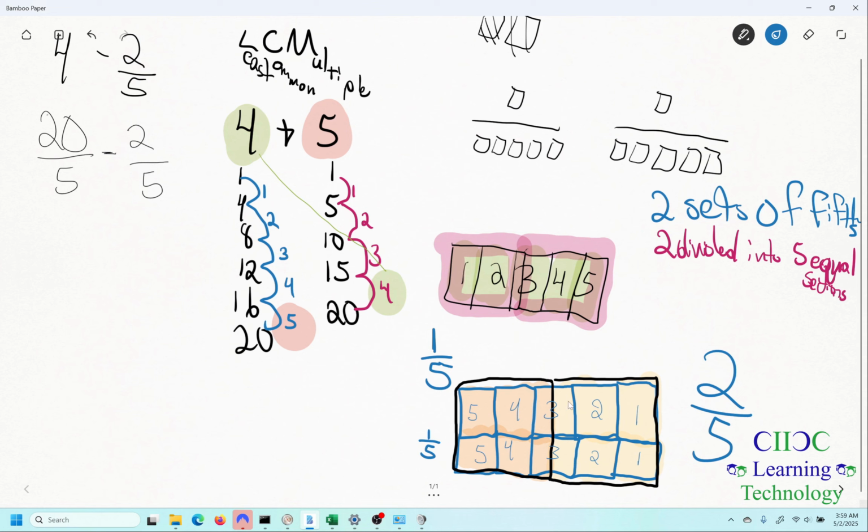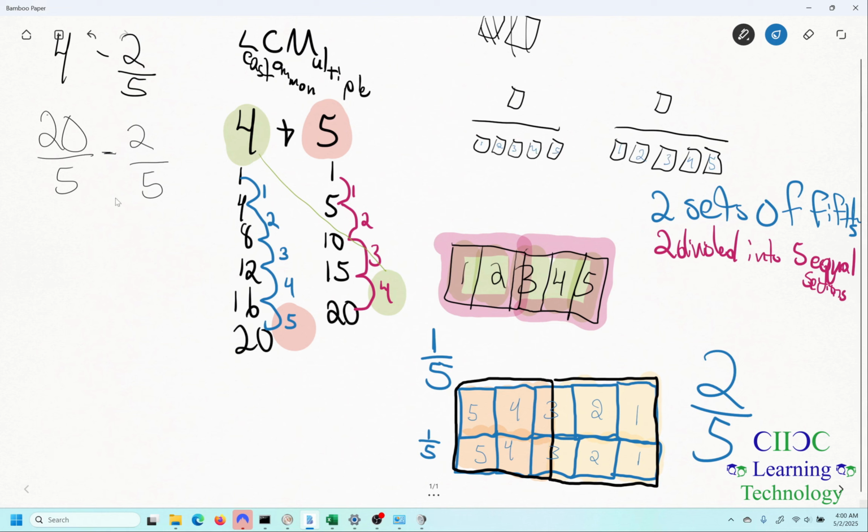Okay, so 1, 2, 3, 4, 5, 1, 2, 3, 4, 5. That's 10. If you were to double this, then you would be able to see 20 divided into 5. And again, you would have 4 sets of those 5, because you would have the first 5, the second 5, the third 5, and the fourth. Or if you want to just count these little ones right up here.